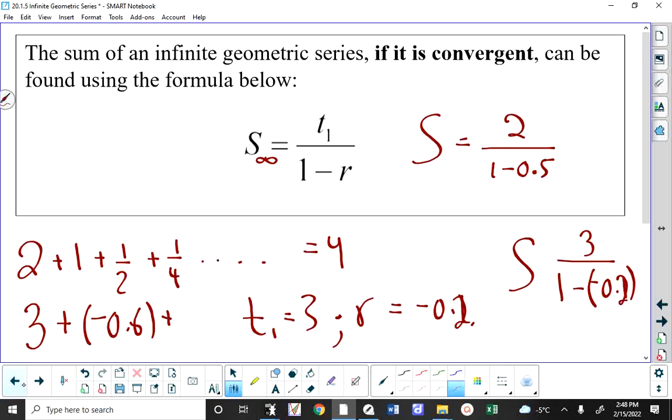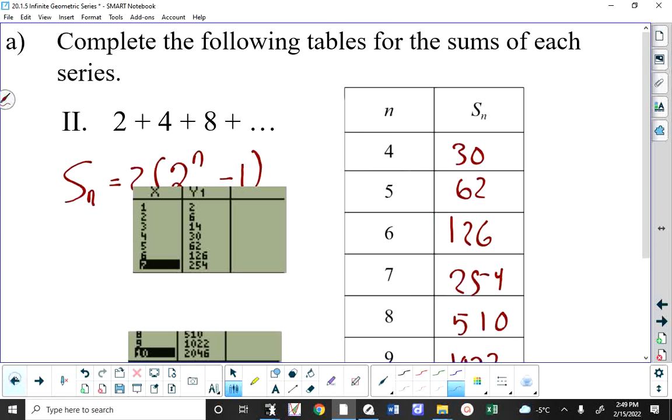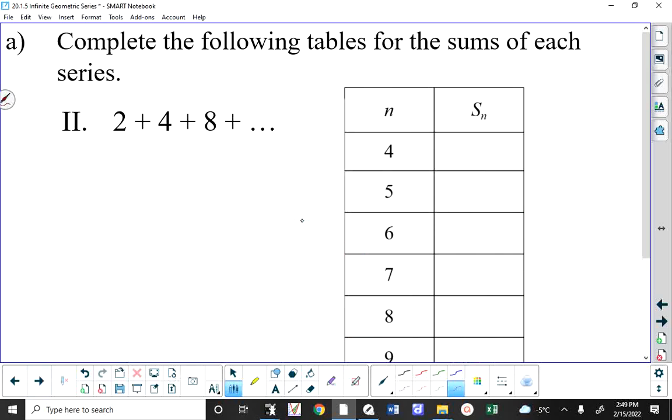I want to do one last thing before we learn one final thing and finish off this lesson. If I go back and look at this series here, and I say to you, what's the sum of the infinite number of terms? And you go, well, geez, there's this formula on my formula sheet. I'm going to use it. What will we get?